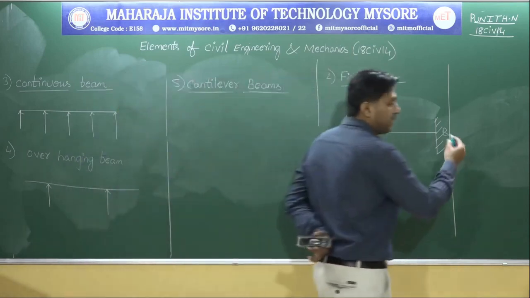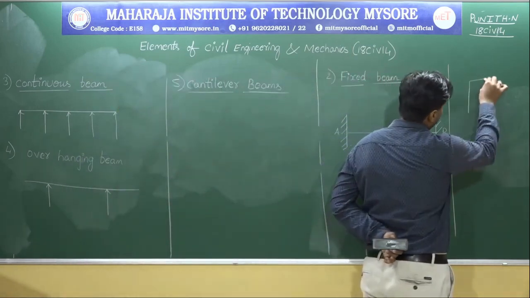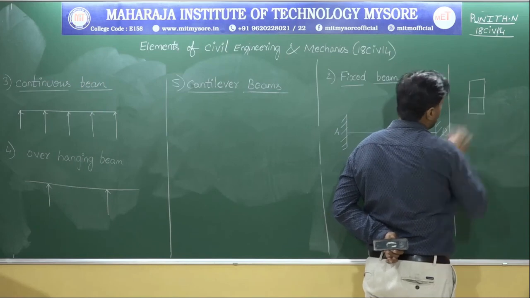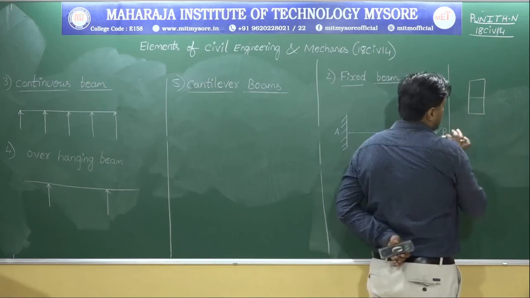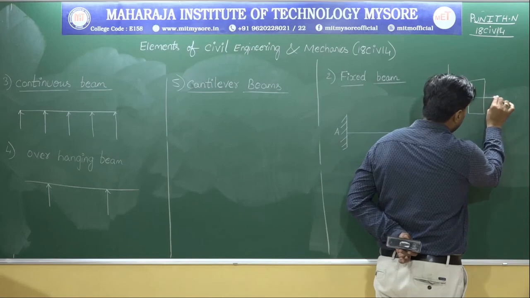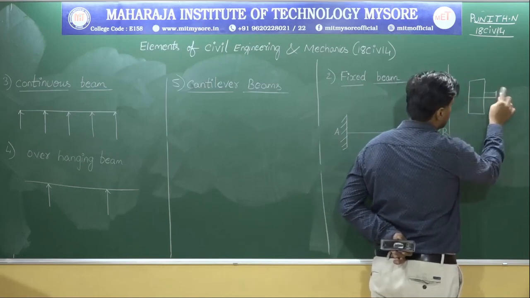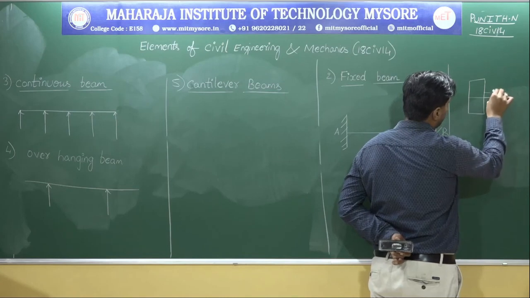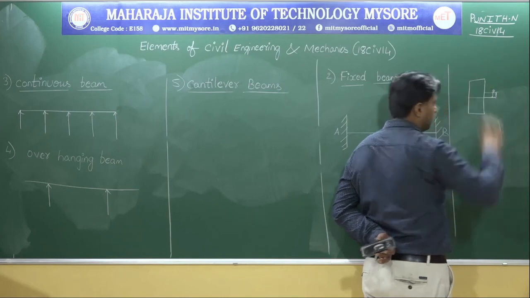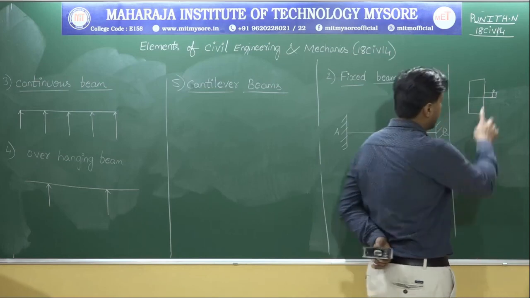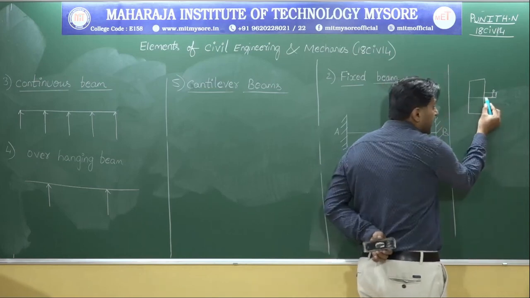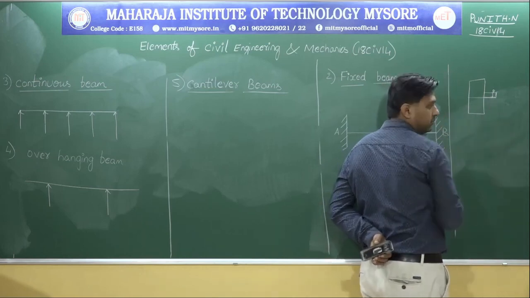Let me think that this is a flat. Now let me think that I need to provide a balcony over here, so that a person can come and stand over here. There won't be any support here at the bottom.